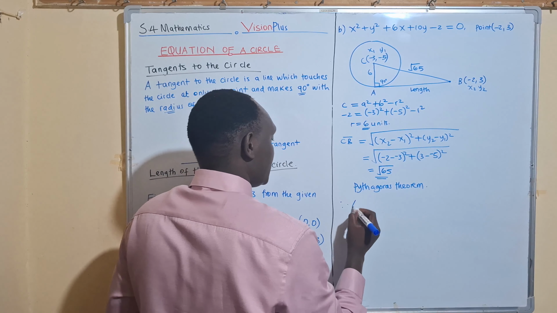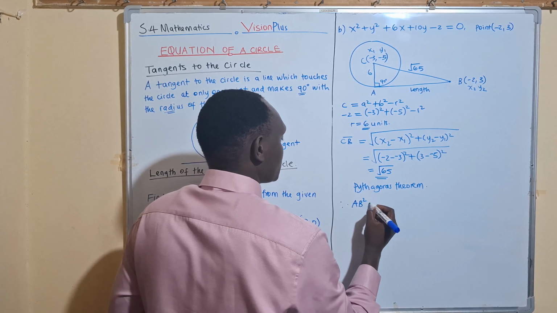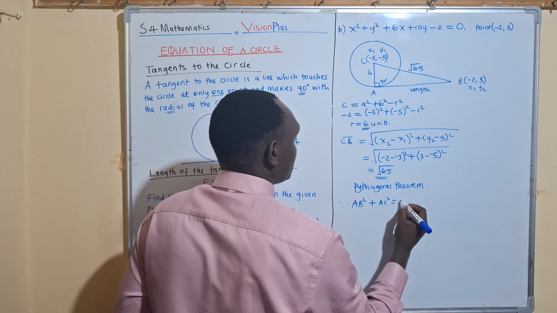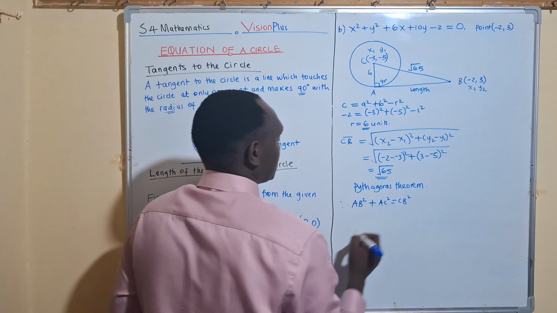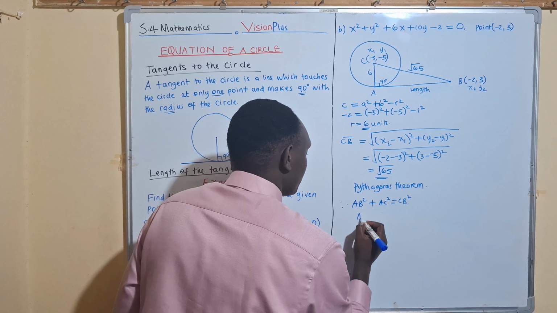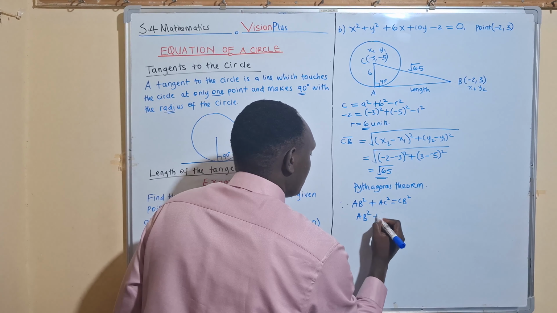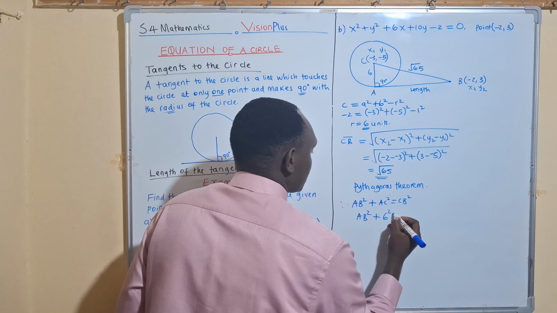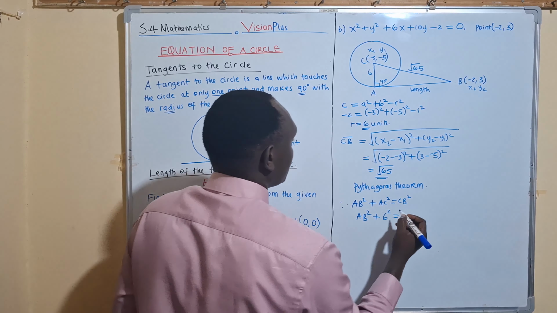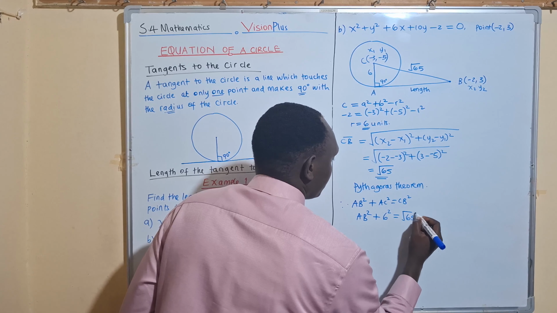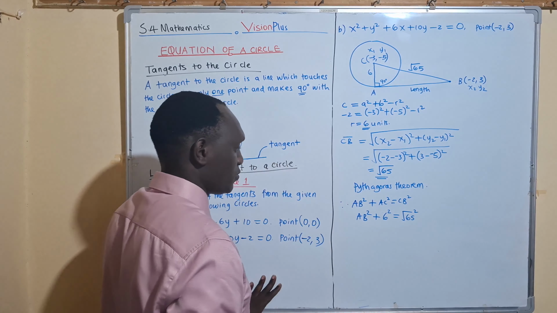AC is 6, which is the radius, squared, equals CB, which is root of 65, but the formula says squared.